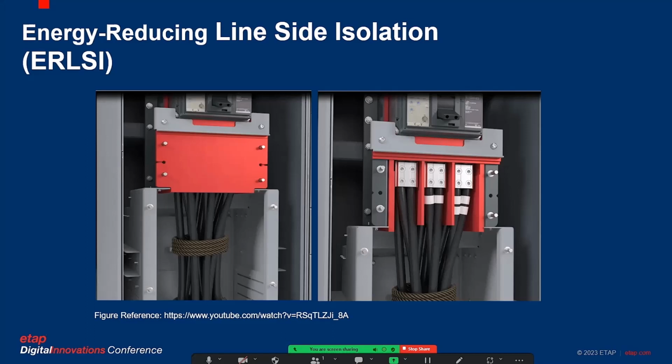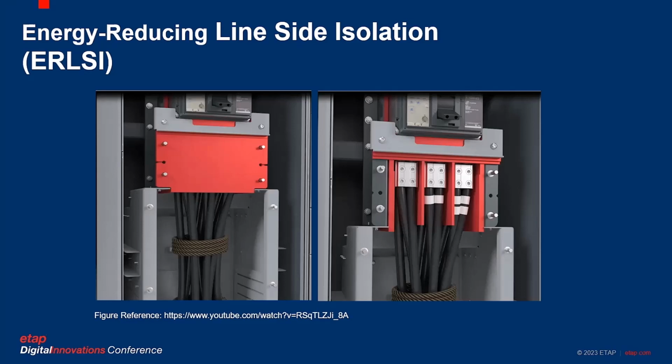So the idea behind this, of course, is if the electrician working on the equipment can't interact with the line side conductors, the likeliness of that line side event taking place has been reduced. Now, one thing to consider, however, is if there is some sort of a condition where that line side arc does eventually take place underneath those covers, we need some sort of a way to address that, right?